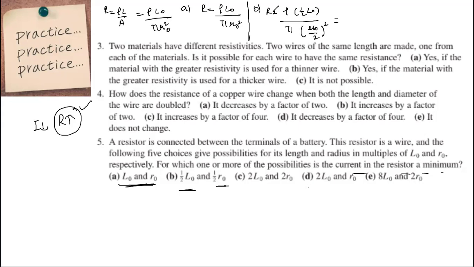Okay, so let me write it this way: 0.5 L naught rho. Half can be written like this, and then over here I have pi R naught square, and here it was 0.5 square.